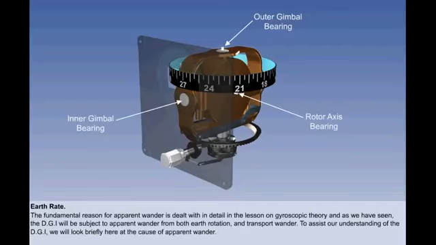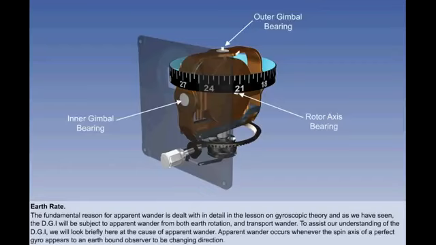The fundamental reason for apparent wander is dealt with in detail in the lesson on gyroscopic theory, and as we have seen, the DGI will be subject to apparent wander from both Earth rotation and transport wander. To assist our understanding of the DGI, we will look briefly here at the cause of apparent wander.